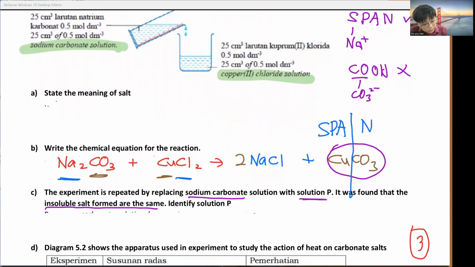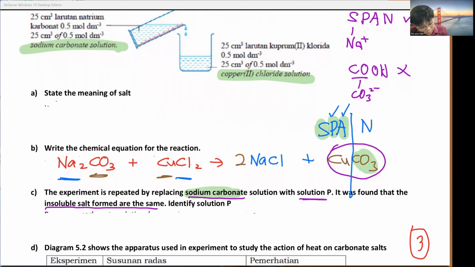Okay, so you can use anything to replace sodium because they want sodium carbonate. You can use potassium or ammonium to replace. So you can use potassium carbonate or ammonium carbonate.